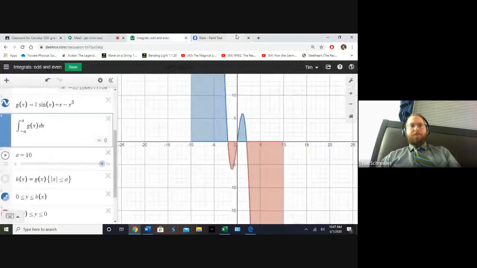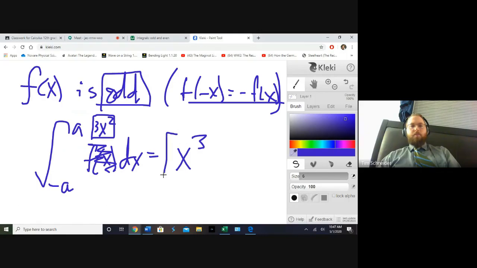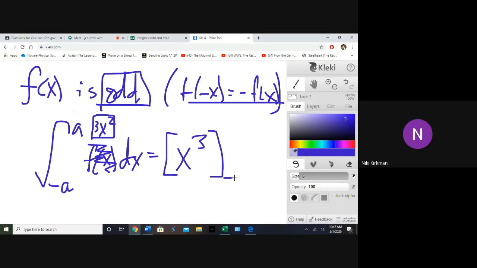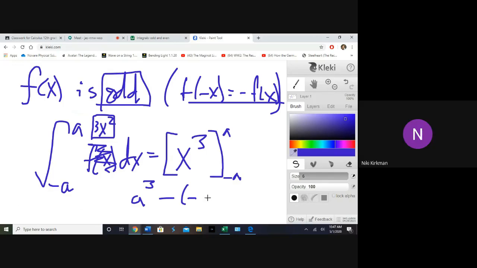Anybody? X cubed. And what are we evaluating it from? From negative a to a. So we put in a cubed minus negative a cubed.